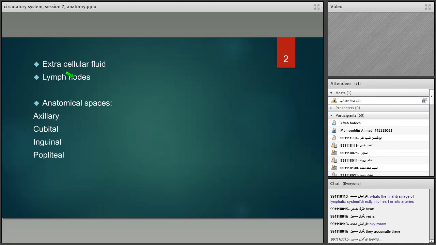So, if we see cancerous cells in the axillary nodes, we can guess that there would be a breast cancer. So this is one of the important points of the lymph nodes.